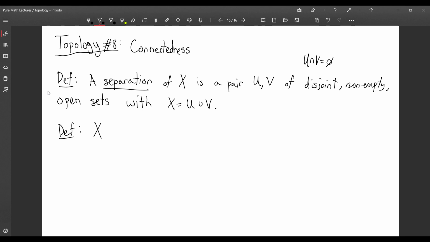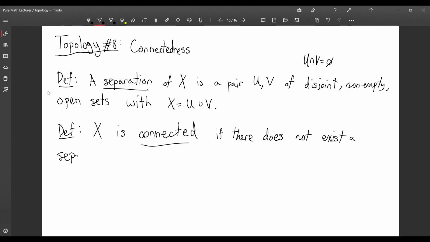We define our topological space X to be connected if there does not exist a separation of X. So right off the bat, one of the things to keep in mind when doing proofs about connectedness is that the definition of connectedness implicitly has this sort of negative feel to it, right?